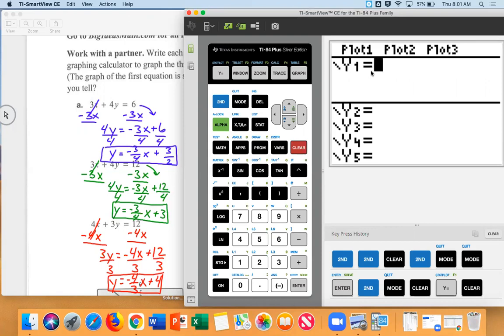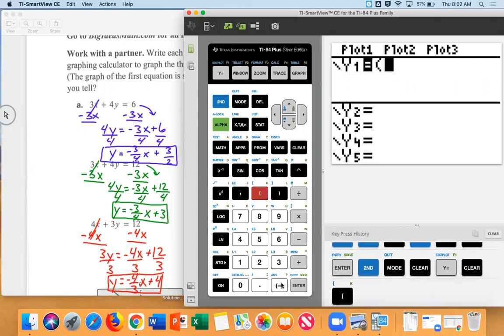So in my first line, I'm going to plug this in. But I don't need to plug in the y part. I just need to plug in this back half. So I have fractions, so I'm going to make sure I plug my fractions in parentheses. So I'm going to plug in negative 3/4. Okay, do you see that, Drew?